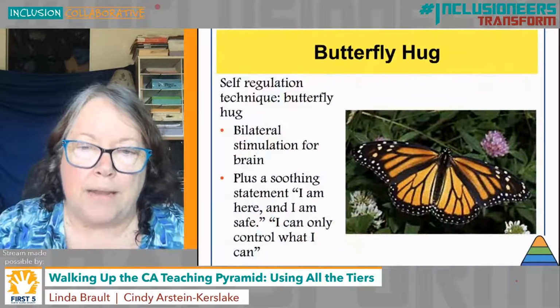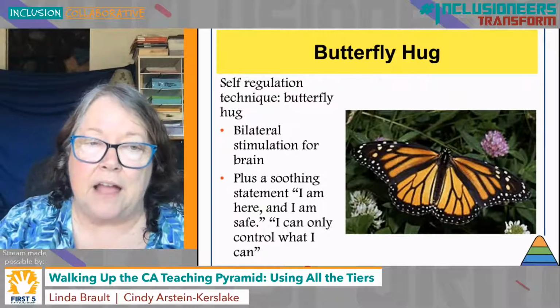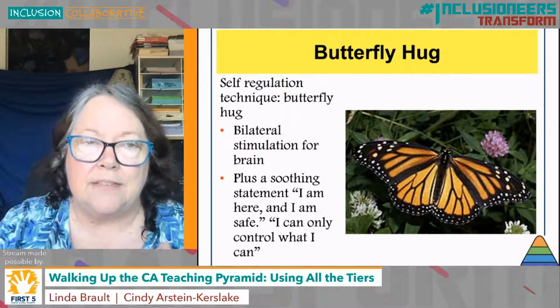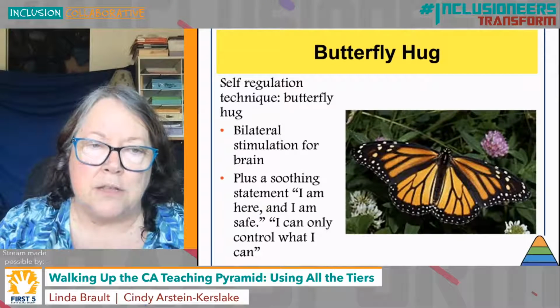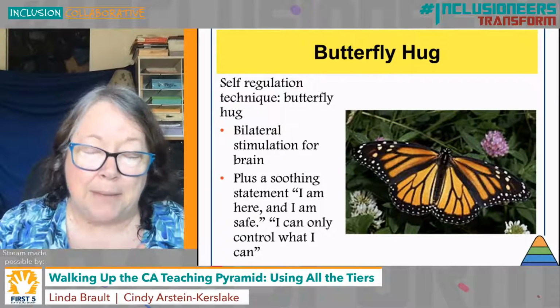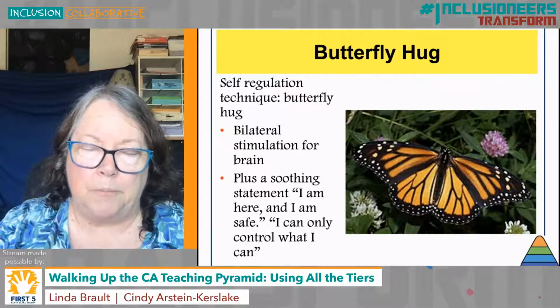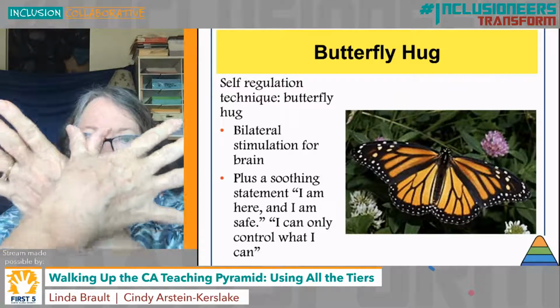So here's a great technique that I like to teach kids, and it does a combination of things. It's got the breathing in it, but it also has some bilateral stimulation for the brain, and it involves a tapping technique, which is shown to reduce stress in some people. So what you do is you make a butterfly with your fingers.